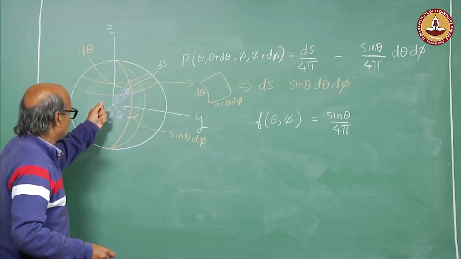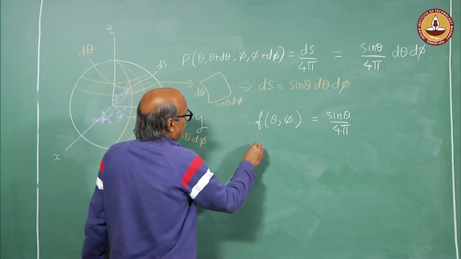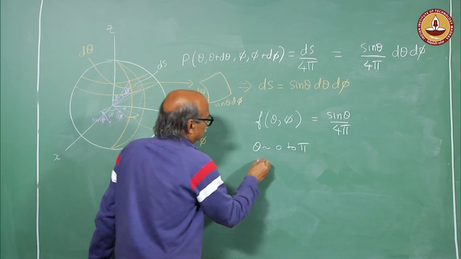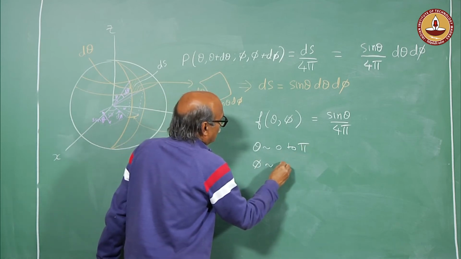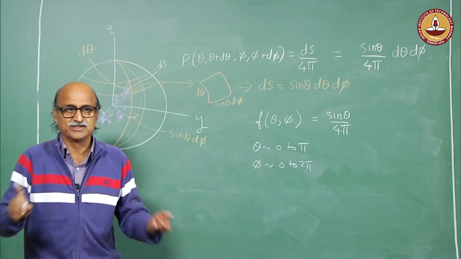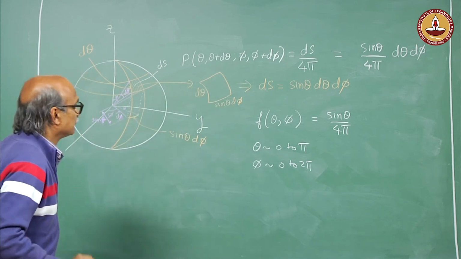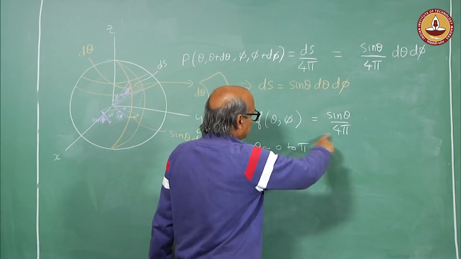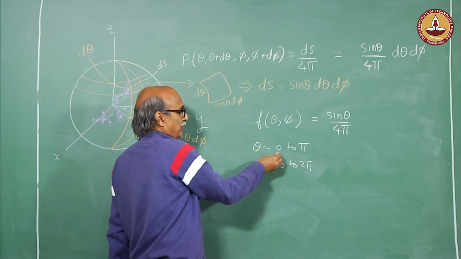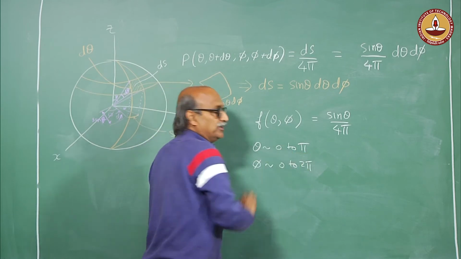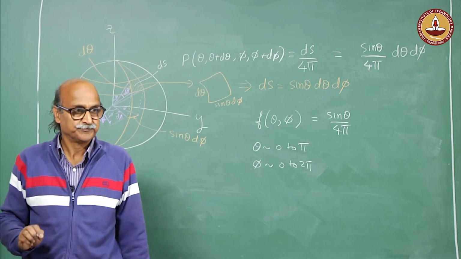And that is simple to see, that if I vary theta from 0 to pi and phi from 0 to 2 pi, then every point will be visited exactly once. Okay. So, this probability density function is defined over the range of theta going from 0 to pi and phi going from 0 to 2 pi.